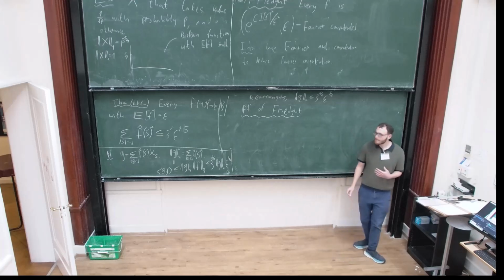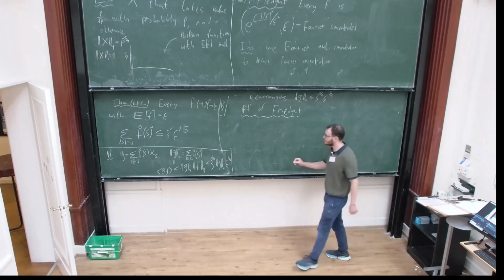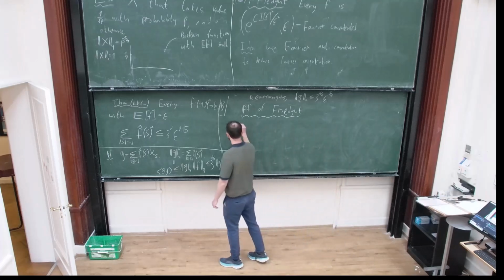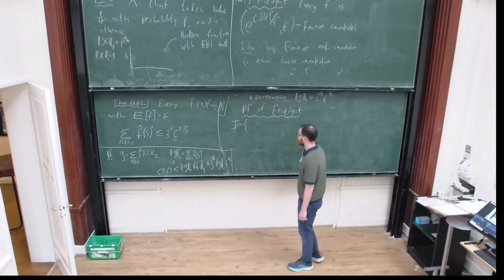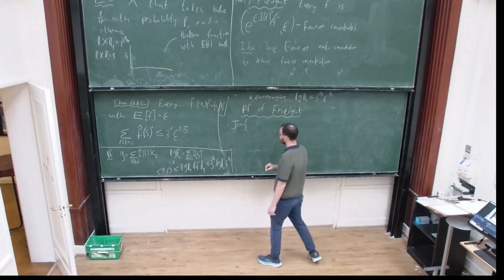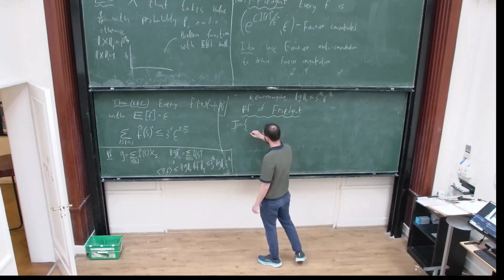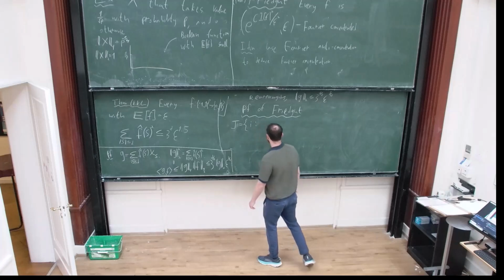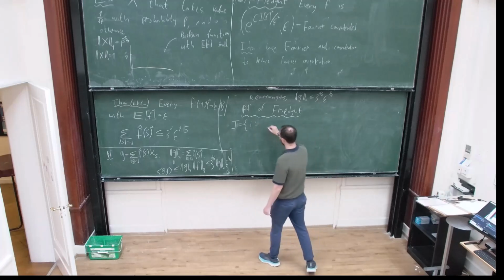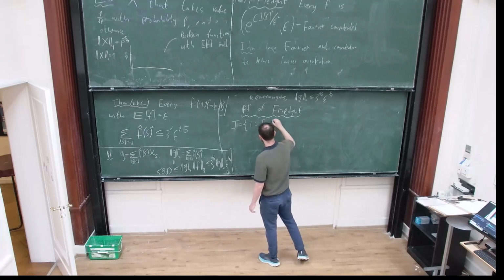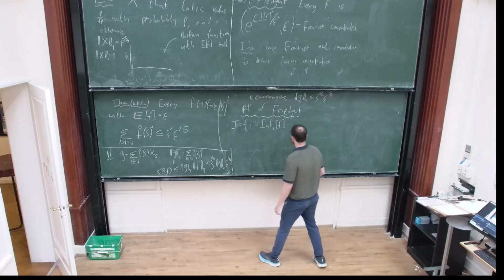And what we're going to do is to define this set J, which consists of all i such that the influence of the i-th coordinate of f is at least tau.